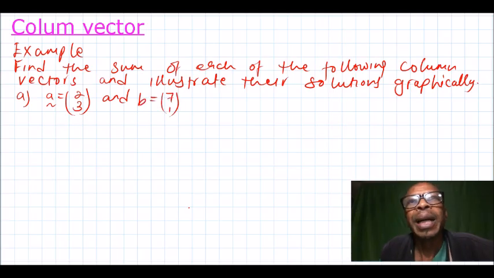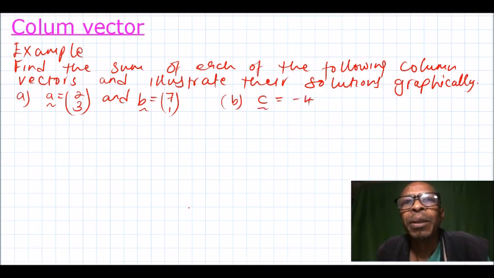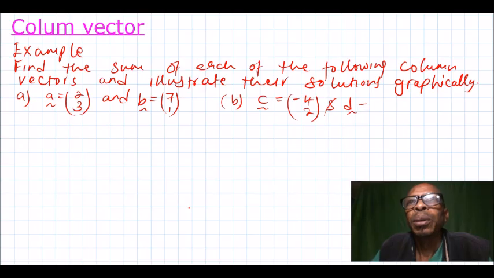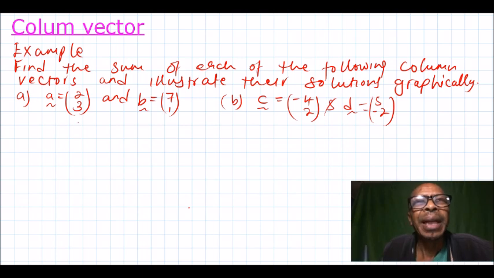So those are column vectors. For part B, we have C is equal to (-4, 2), and D is equal to (5, -2). So when you are adding these, we can say A plus B and C plus D.